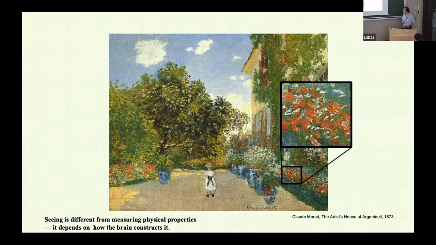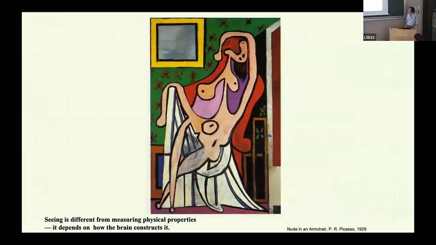So the point here is that seeing is different from measuring physical properties. It depends on how the brain constructs it. And some years later, Picasso painted this picture. And even in his style, we can see a woman sitting on a red chair. Again, the point is, seeing is different from measuring the physical properties.